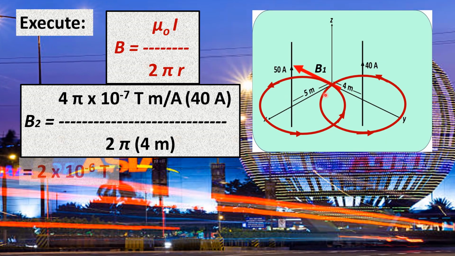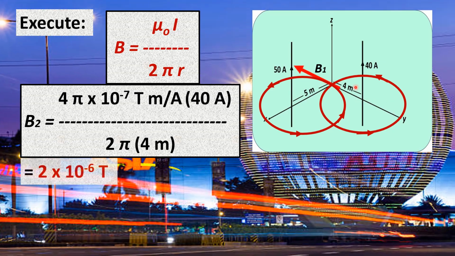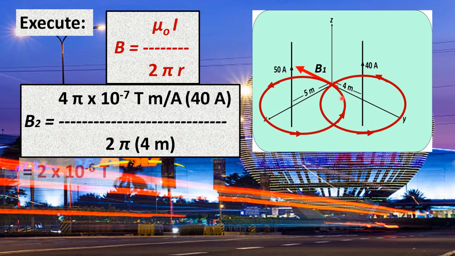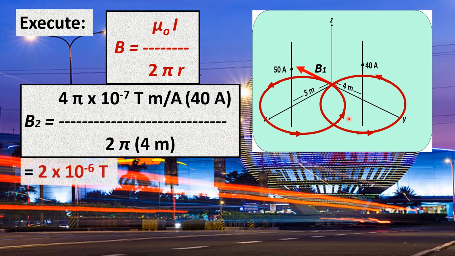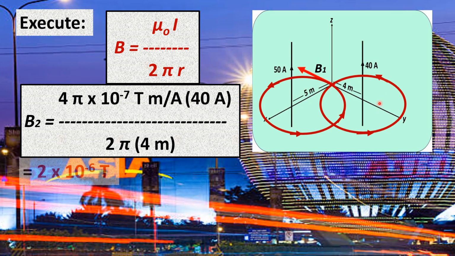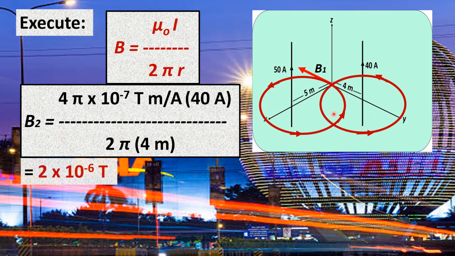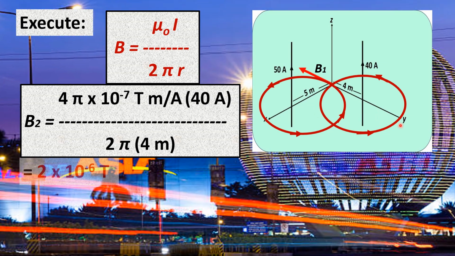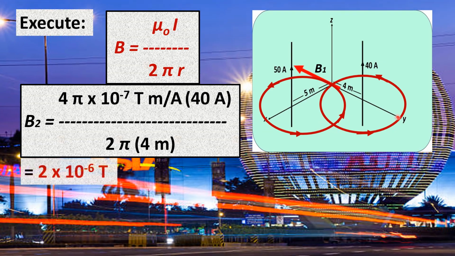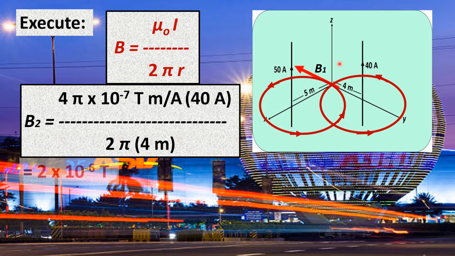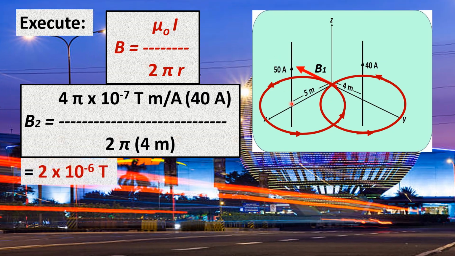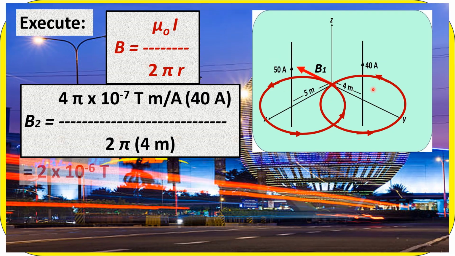Both B1 and B2, the circular loops that we have in this drawing, let it be understood that these circular loops representing the magnetic field lines are actually parallel to the xy plane and perpendicular to the z-axis, or perpendicular to both wires, wire 1 and wire 2.